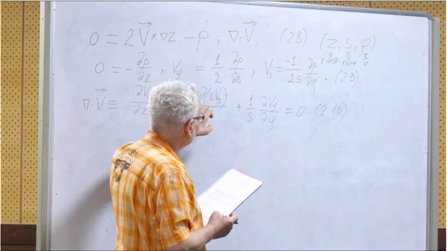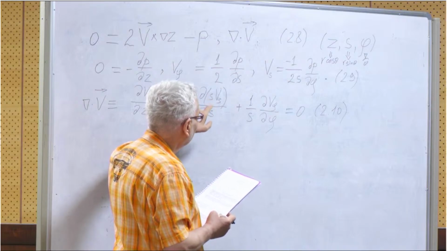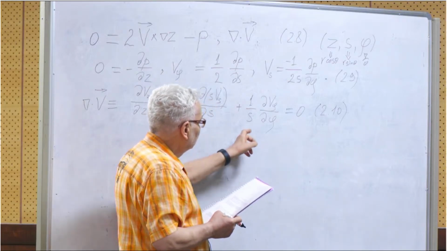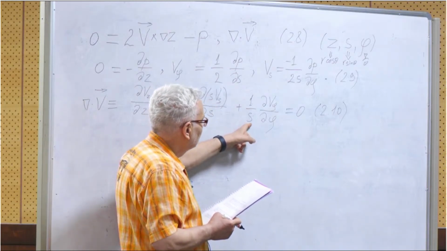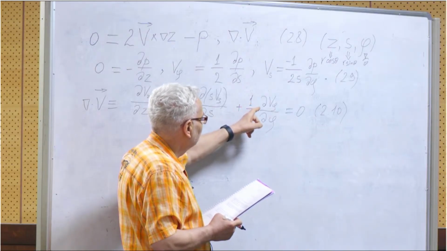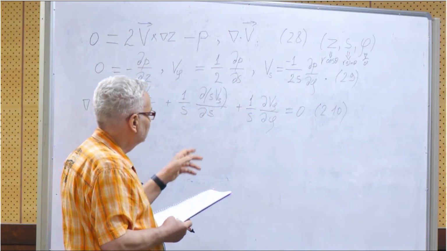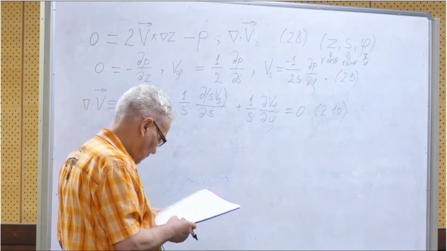But here we cannot cancel because it enters with the same cylindrical value. So in some sense, this is working like that eventually.